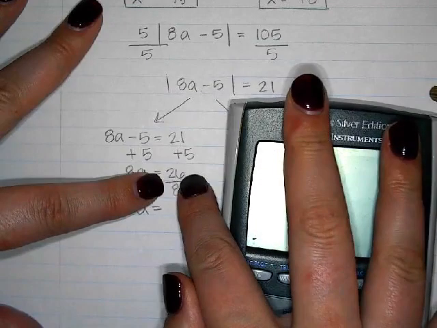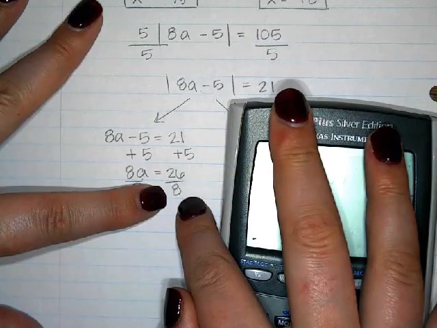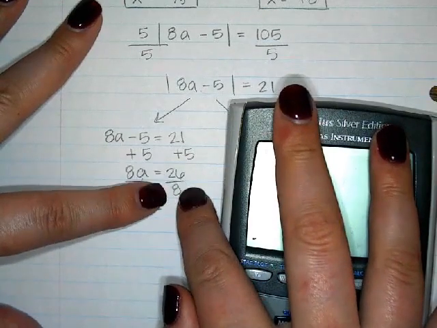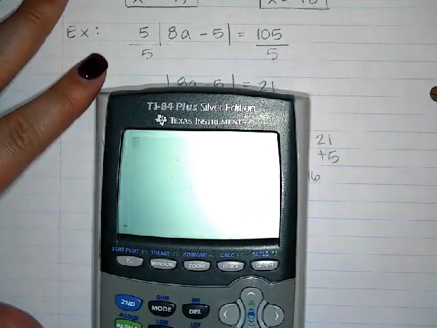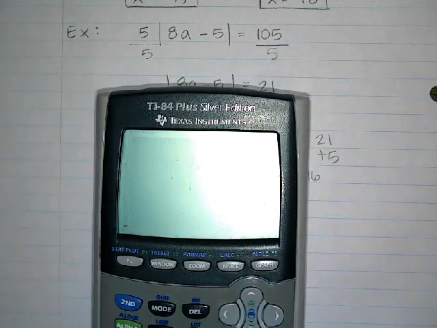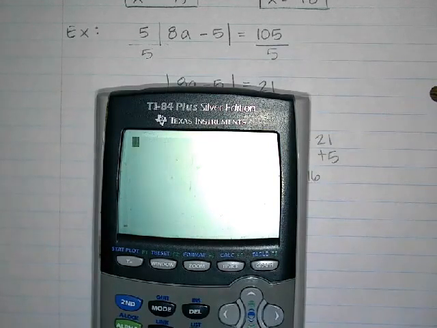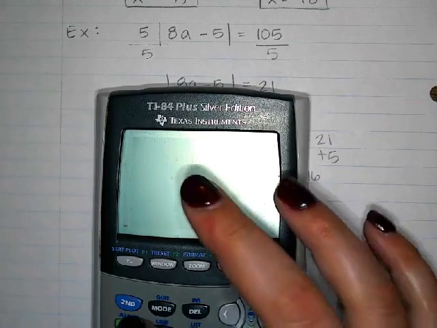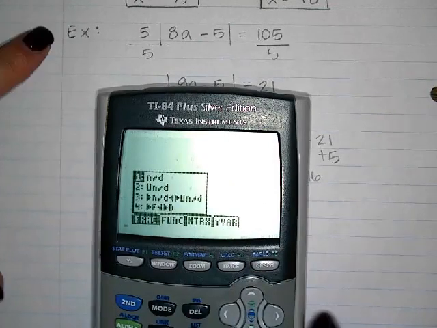Or if you don't want to do it yourself, we can type the fraction into the calculator and let the calculator reduce it for us. So does anyone remember how to make their calculators type a fraction? Starts with the green button. Yep, alpha y equals, good. Alpha y equals, we press enter. And if you type 26 over 8 and then press enter, it will reduce it for you.